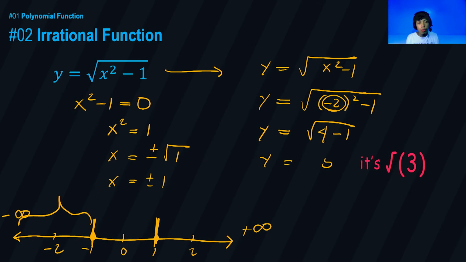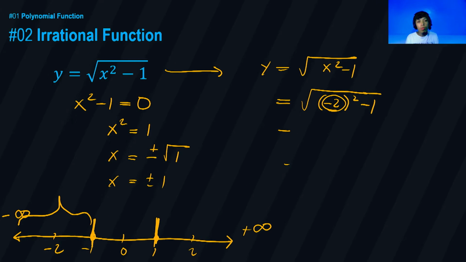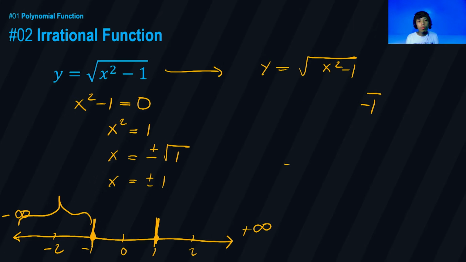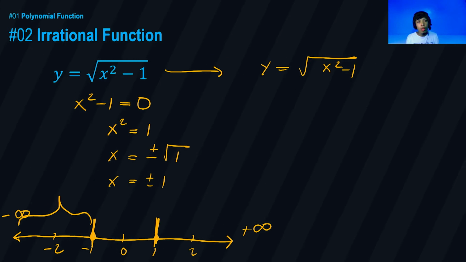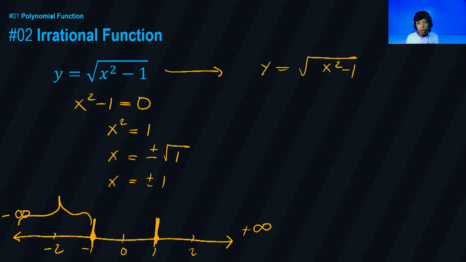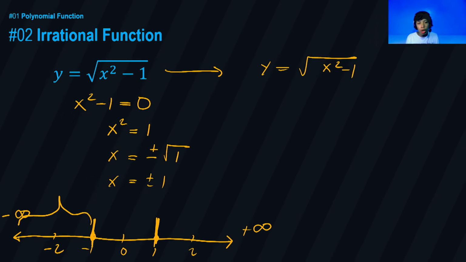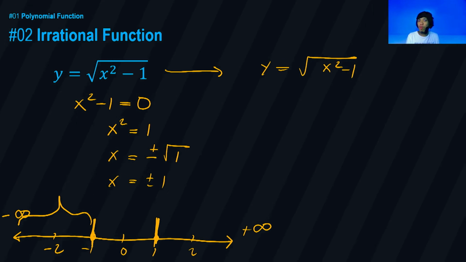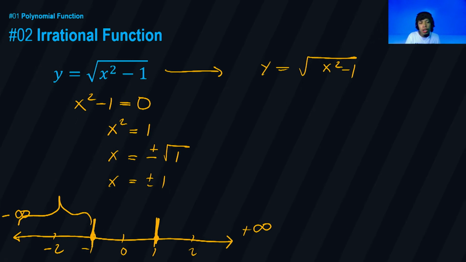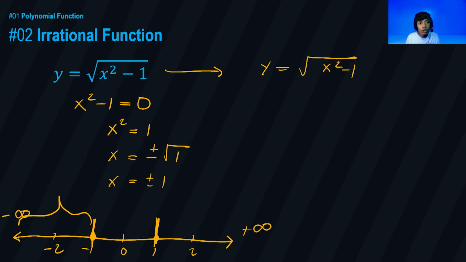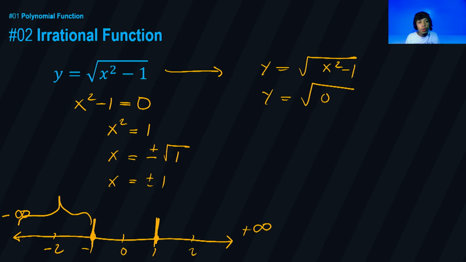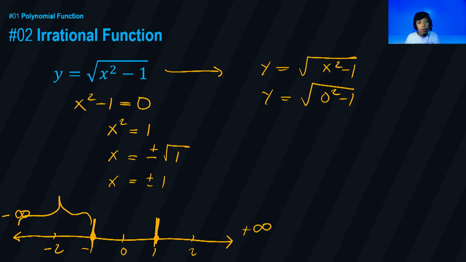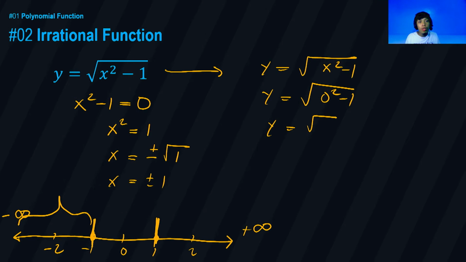Okay, let me erase this one. So you would pick a number in between negative 1 and 1. Any number. It could be negative 1/2, 1/2, any number, but the easiest one is 0. So we have y equal to square root of 0 squared minus 1. So this is y equal to square root of negative 1.